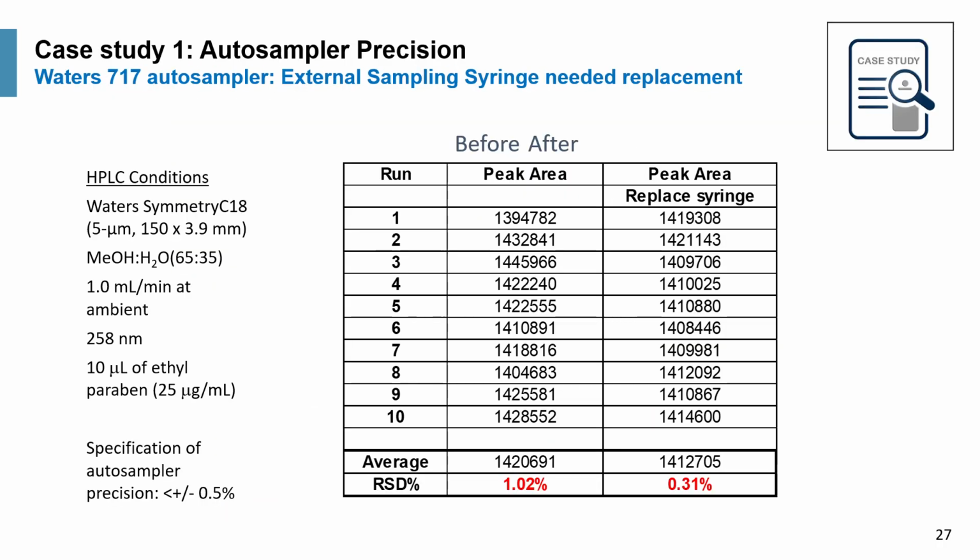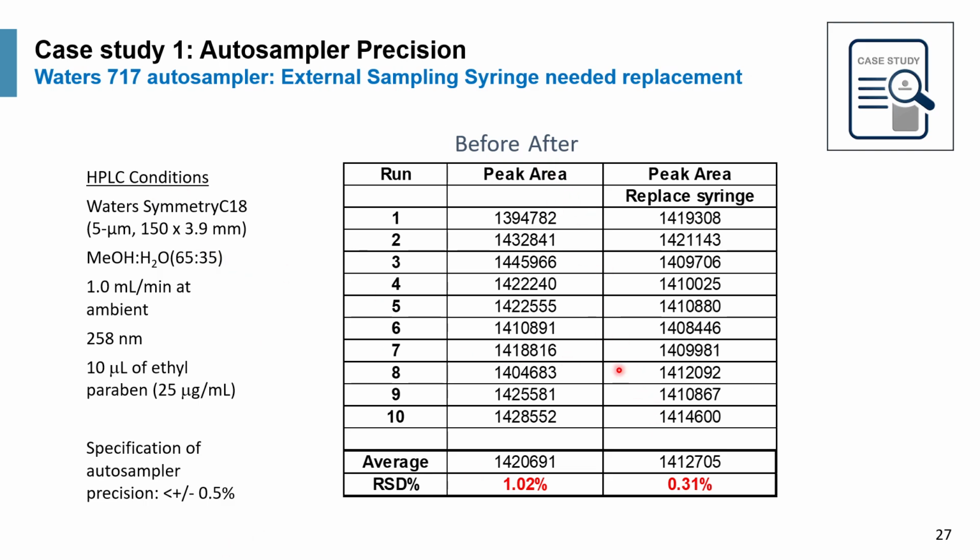Now, a case study of autosampler imprecision. This is called the OQ, or operational qualification, where we do 10 injections. This is on an older system, a very archaic Waters 717 autosampler. The OQ calls for precision of less than 0.5% RSD under these conditions.